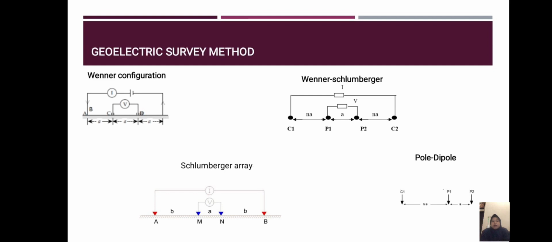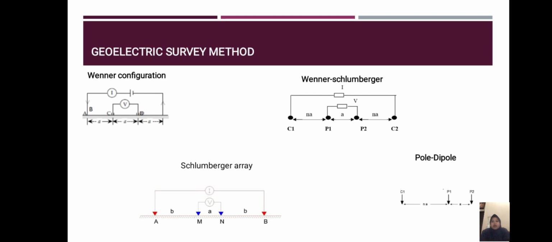Pole-dipole. A pair of current electrodes C1, C2, and another pair of potential electrodes make up the pole-dipole configuration, as shown in figure 6. These electrodes are arranged in a straight line and fixed on the ground surface.